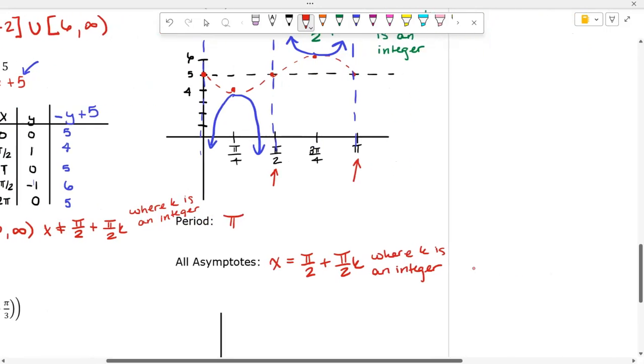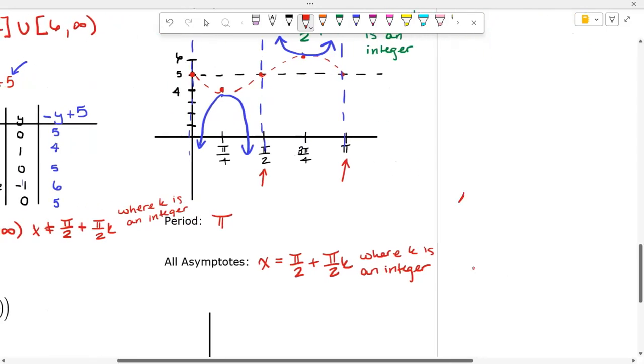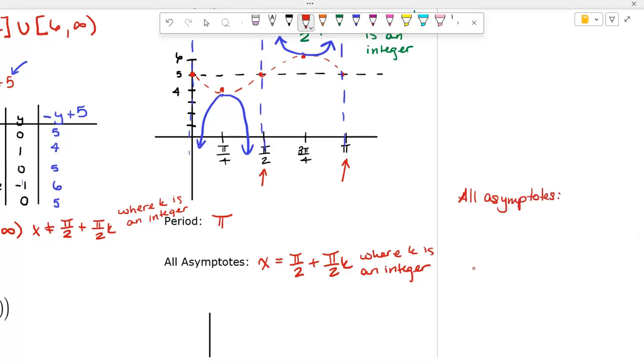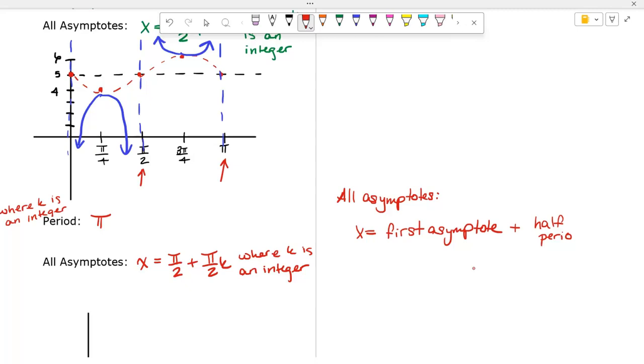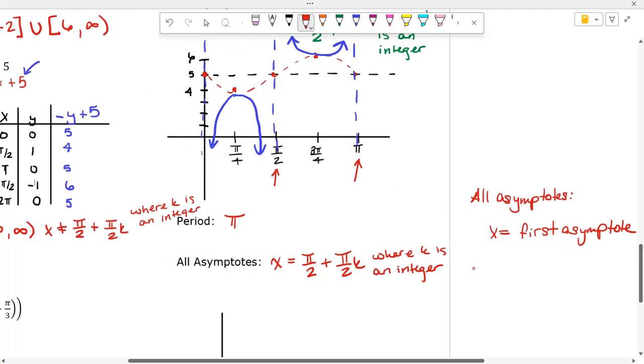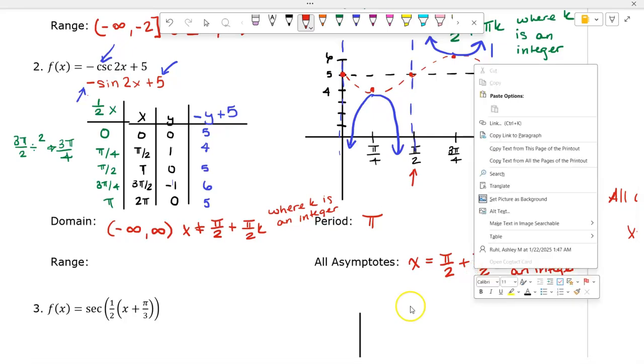So let's write this aside. For all asymptotes, you would do x equals the first one, and then you would go plus half period. That's what you're going to do each time.